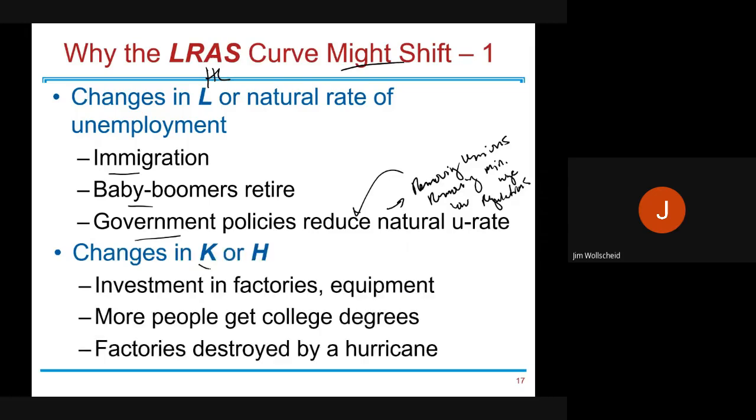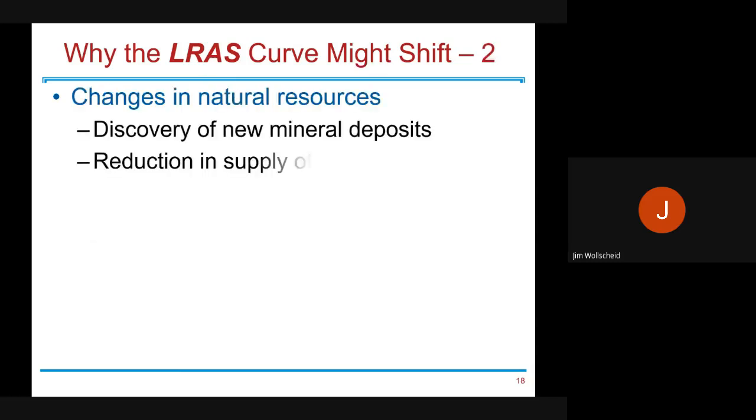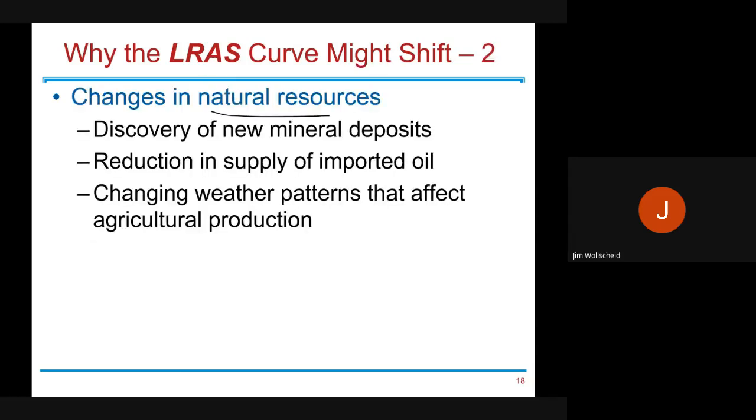How do I change our physical capital? Invest more in factories. For human capital, more people get education, doesn't have to be a college degree, but more people are educated through skills. Natural resources can shift when they're destroyed, through things like hurricanes, earthquakes, natural disasters. How do we change natural resources?